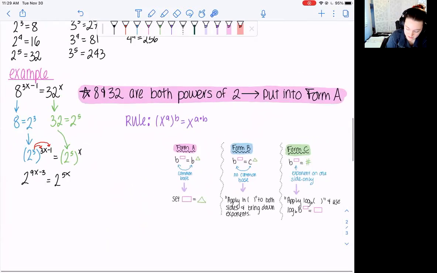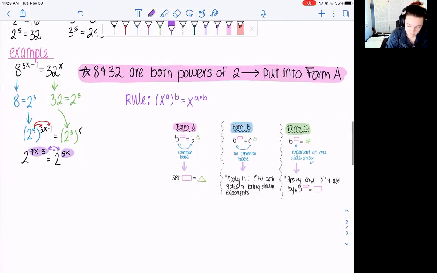So with Form A, we have the bases are the same, so we can set those exponents equal to one another. So this exponent here, because both bases are 2, we can set equal to 5x. So we get 9x minus 3 is equal to 5x.